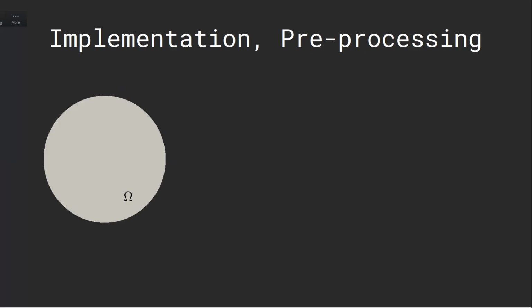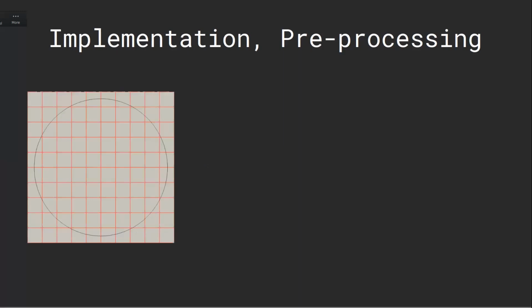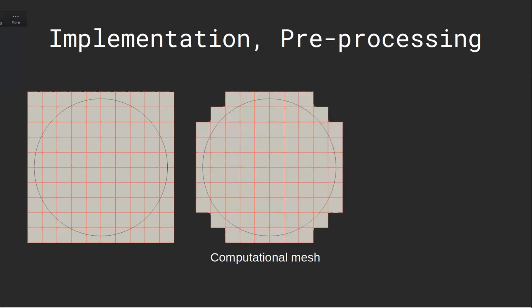Just to exemplify, if we have this circle geometry again, we can embed it in a simple unfitted mesh. This is of course very simple to do. And then the next step is to trim out all the elements that do not belong to the domain at all. So that's a simple step.